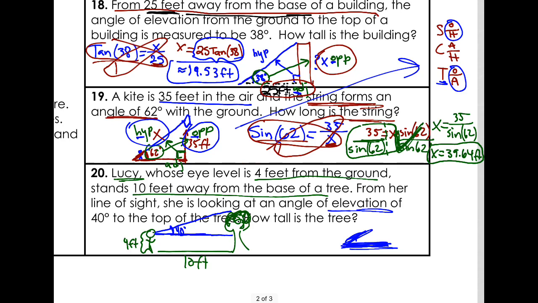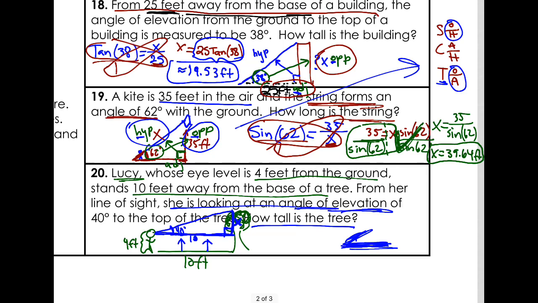Now, our right triangle will be formed here and here. So it wants to know how tall is the tree. Well, first of all, you've got to realize they're saying the angle of elevation, that's where she's looking. So this horizontal distance here can be raised up because it's still the same distance away, 10 feet. Now, we can find this over here, but notice that won't be the full height of the tree.